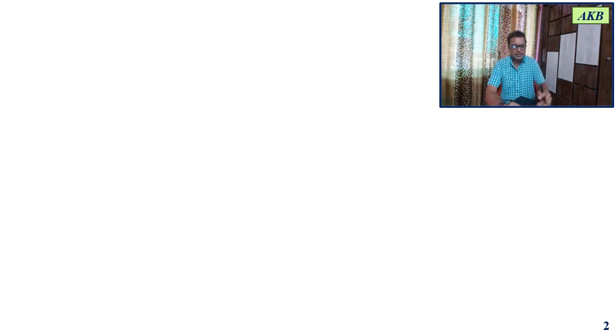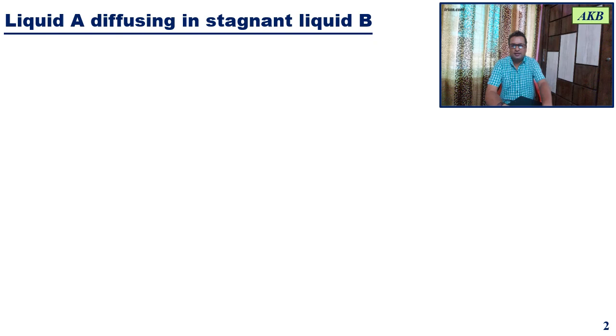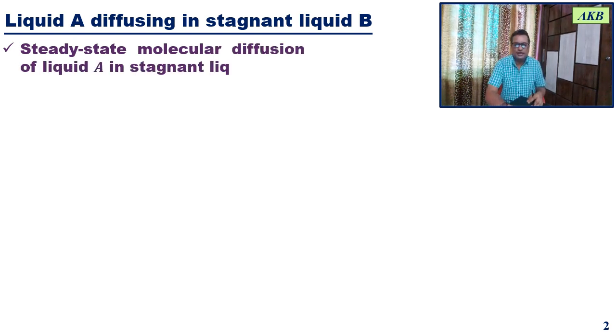Let us discuss the case of liquid A diffusing in stagnant liquid B. We are considering steady state molecular diffusion of liquid A in stagnant liquid B. So what is the meaning of this?